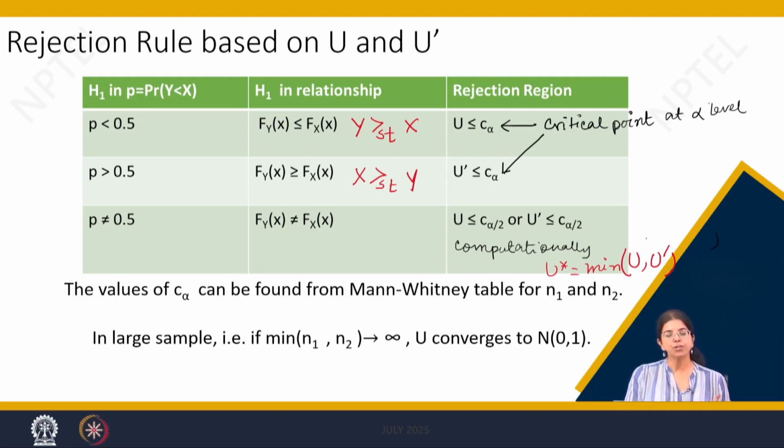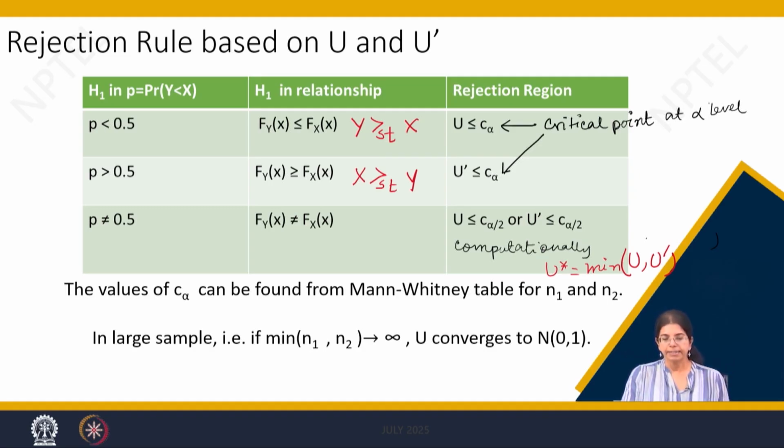And when it is a two-sided test, that F_Y not equal to F_X, that means few X can be larger than Y and few Y can be larger than X, then your rejection will be coming from both of the sides, U less than or equal to C alpha by 2 or U prime, that is the conjugate, U prime less than or equal to C alpha by 2. So the same critical point.